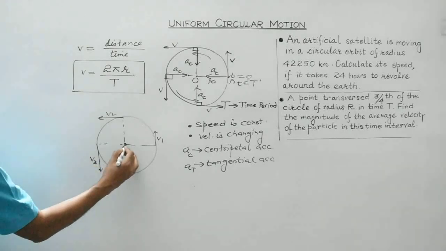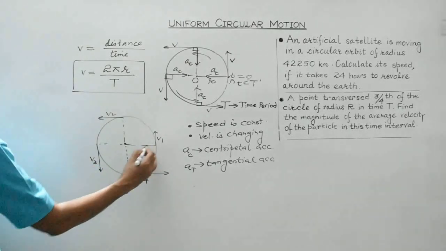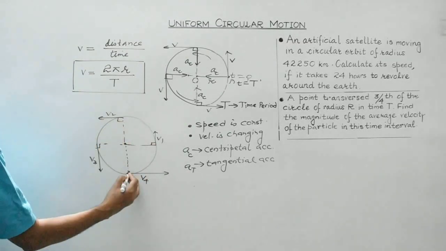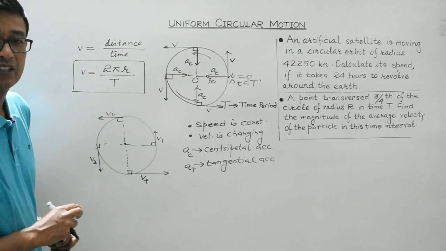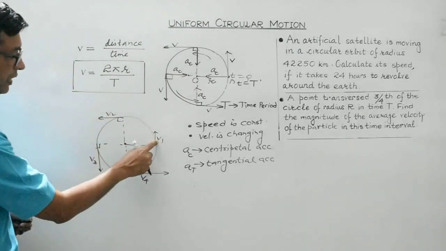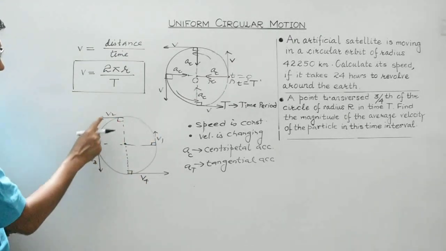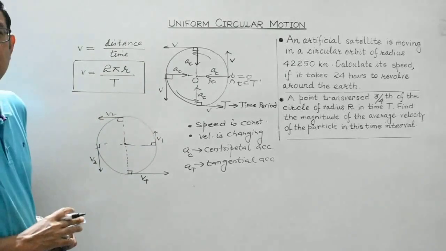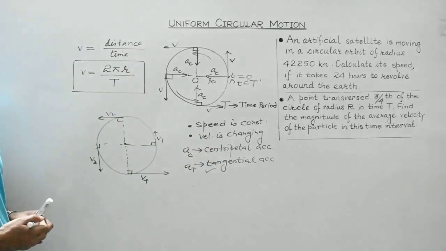I am gradually increasing the length of the arrow, right? It is v4. So in this case, the body is moving along a circular path, but with varying speed. Its speed is increasing. v4 is greater than v3, v3 is greater than v2, v2 is greater than v1. So in this case, tangential acceleration also exists.